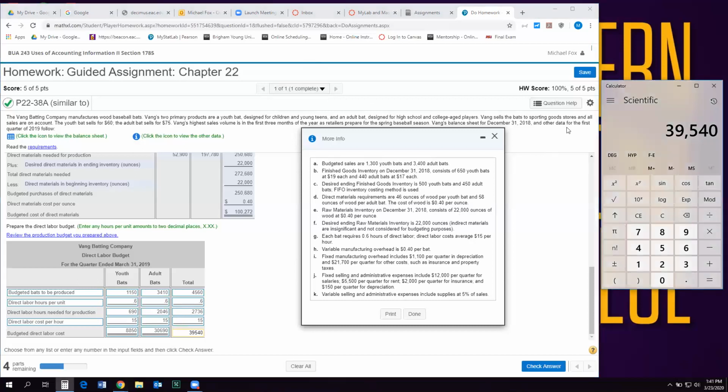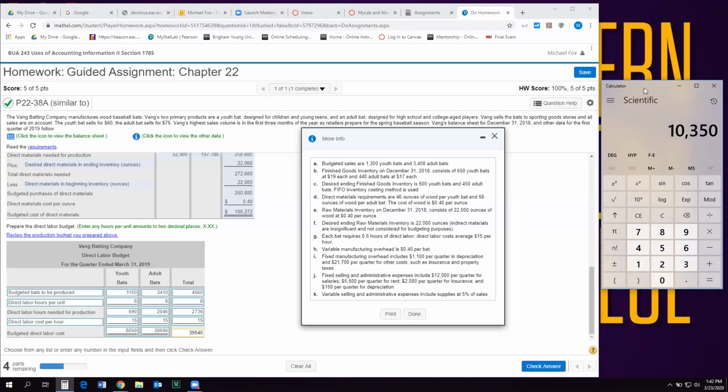Let's see. Our direct labor is $15 per hour, and it's 0.6 direct labor hours. So again, I'll do 1,150 times 0.6 is 690, 3,410 times 0.6 is 2,046. 690 times 15 is 10,350. So I did something weird there.